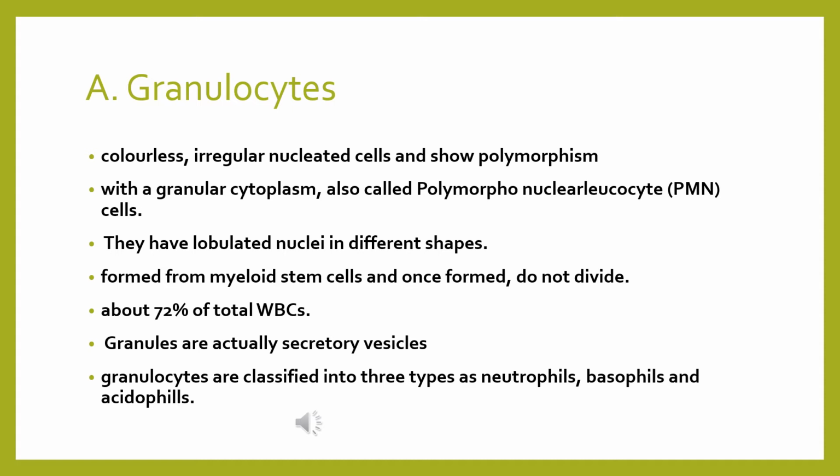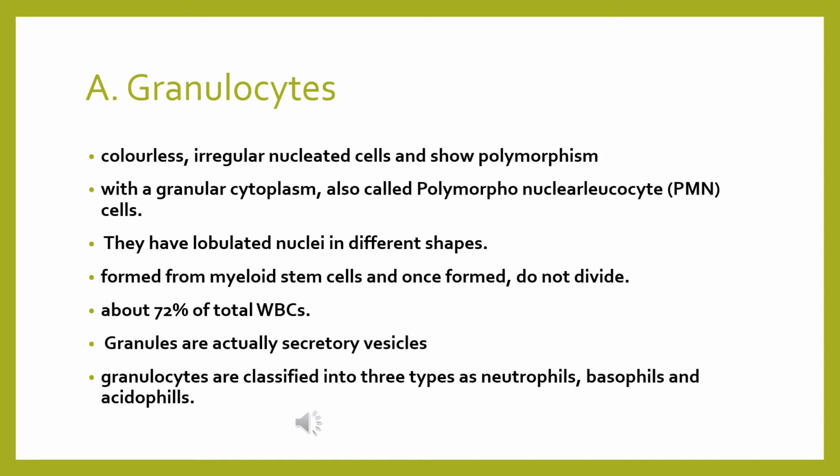Now these granulocytes, as we have seen, are produced from the myeloid stem cells by the process of leucopoiesis, and once they are formed, they will not undergo division. Granulocytes are about 72% of the total WBC.